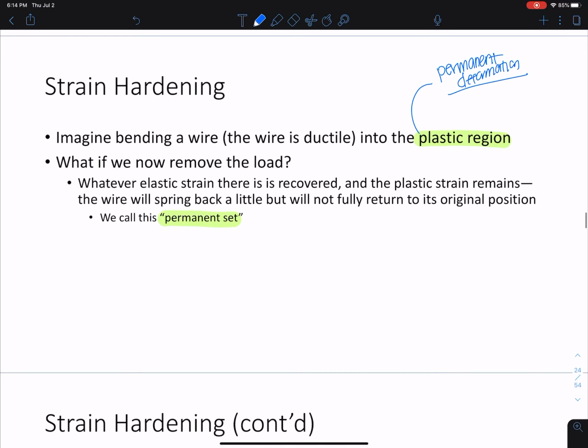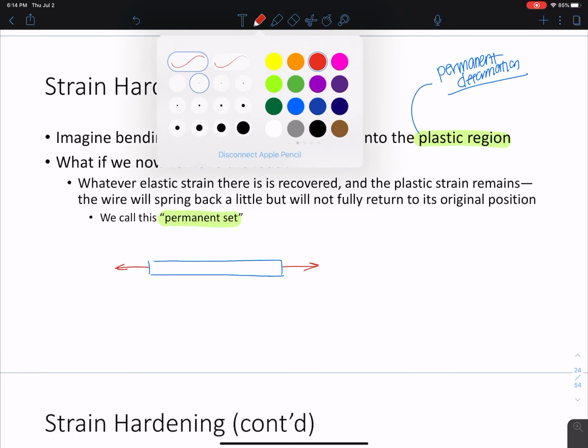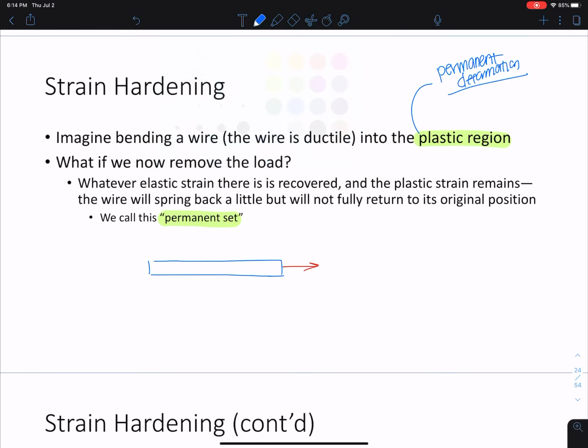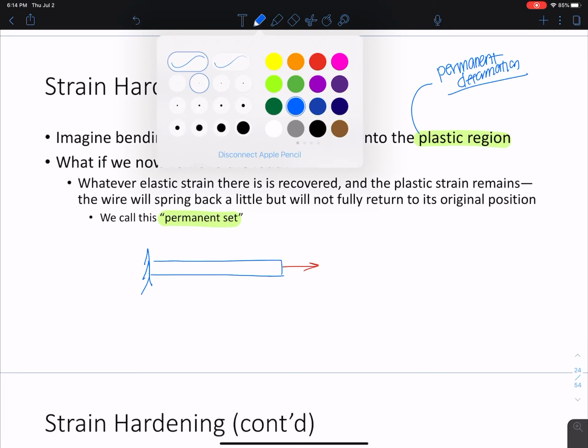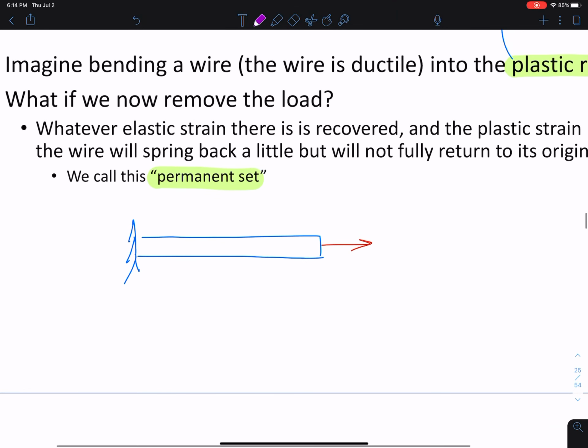I'm going to draw it here. This is my original member. We used a wire here, but it can be anything. Let's say this is fixed and we're pulling on one end, which is a little easier to understand.